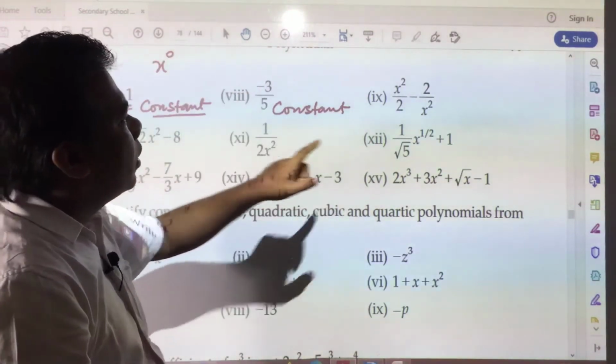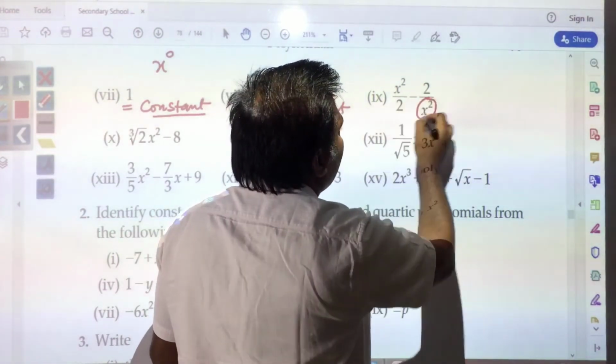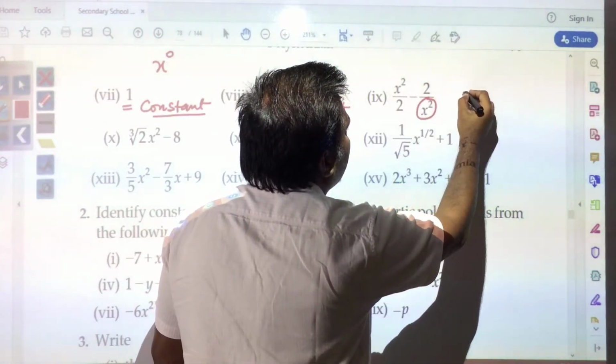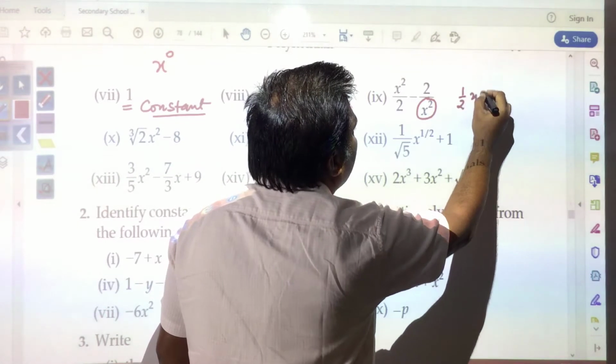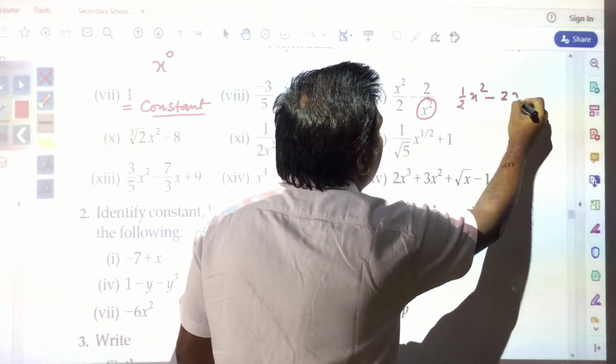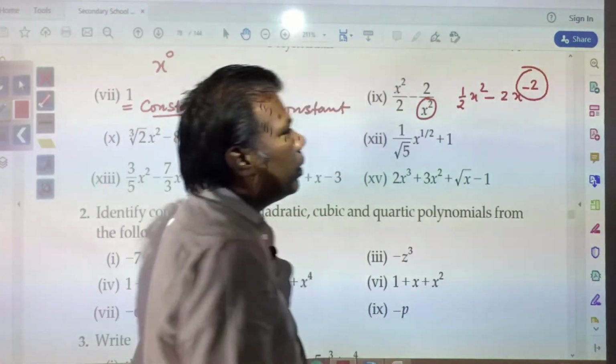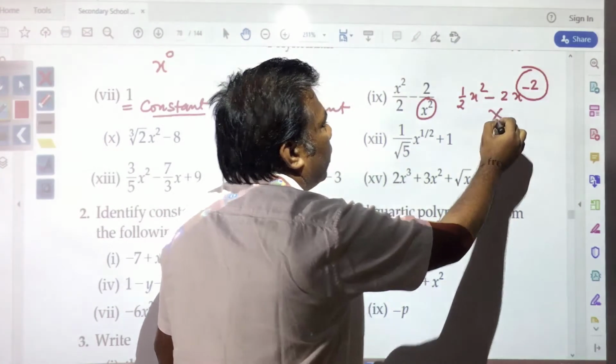Here you have x square. So, if you are simplifying it will be written as 1 by 2 x square minus 2 x to the power minus 2. So, again this is not a whole number. So, this is not a polynomial.